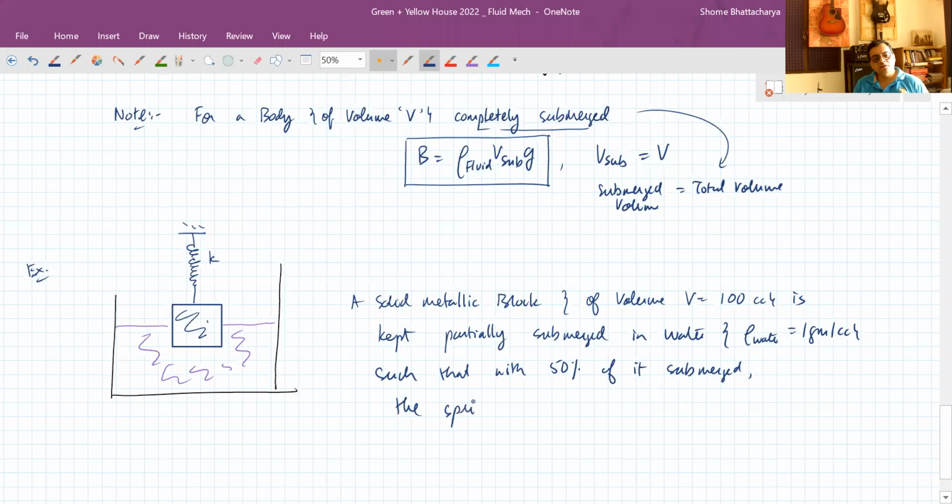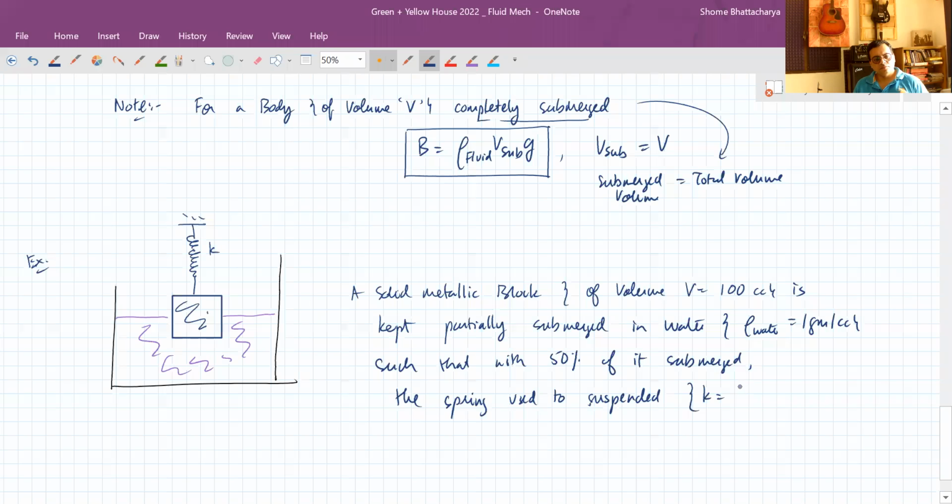The spring used to suspend it has a spring constant of, say, 3 newtons per centimeter, and is at an extension of x equal to, say, 2 centimeters.